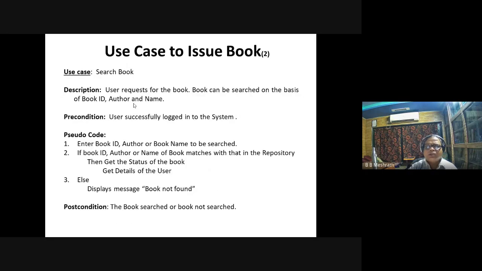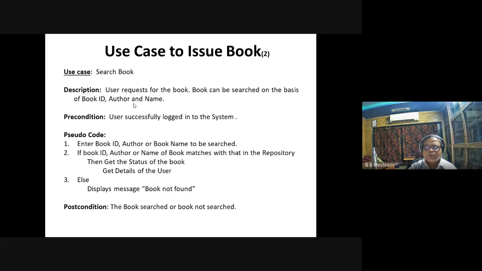Then you can also give the description of the search book. So use case is search book. Description is user requests for the book. Book can be searched on the basis of book ID, author, and name. Precondition is user successfully logged into the system. Pseudocode: enter book ID, author, or book name to be searched.